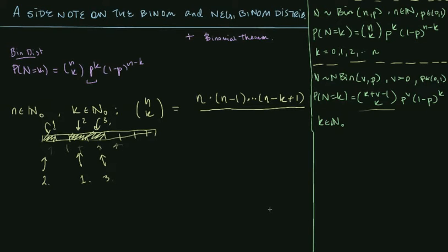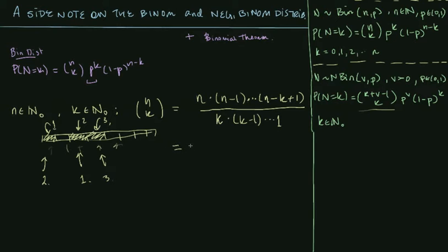How do we remove the regard for the order? Well, how many different ways are there to order a sample with k elements? The first element can be placed in 1 out of k places, the second can be placed in 1 out of k minus 1 places, and so on and so on, and the last element can be only placed in one space.